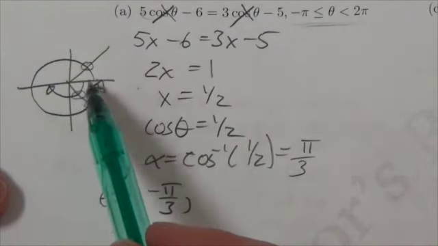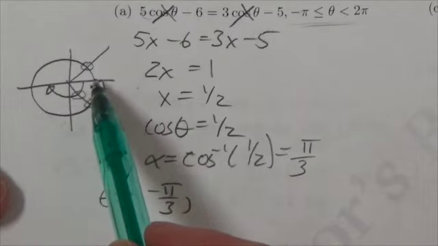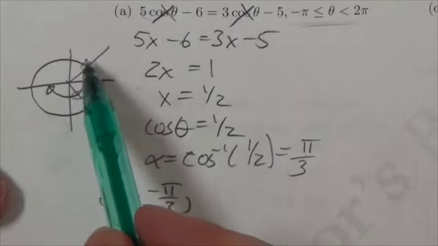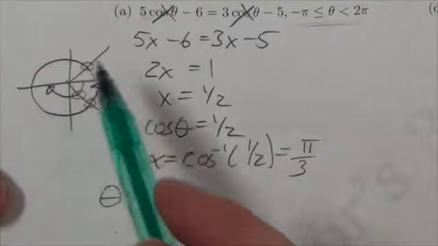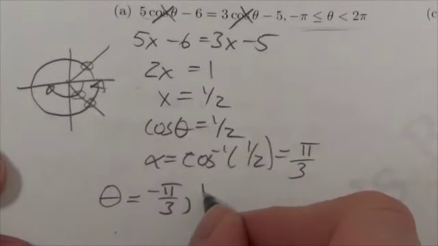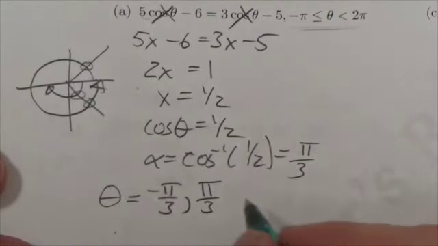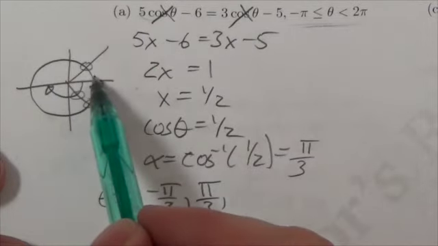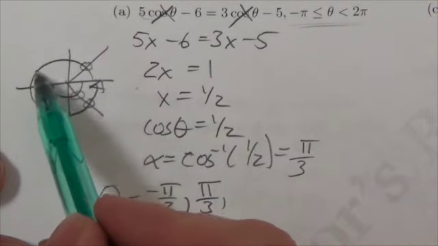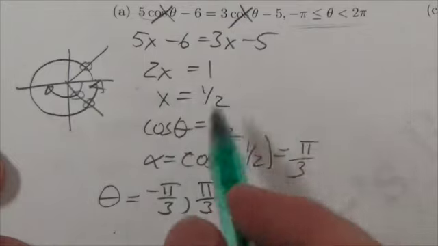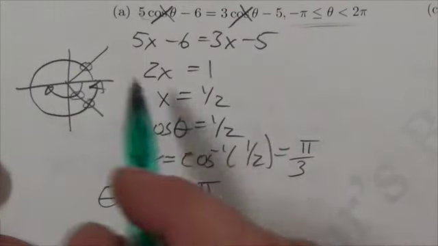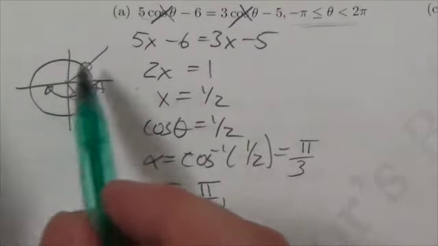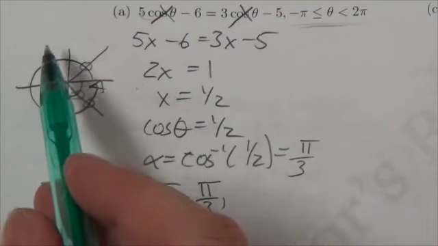Then I move to my positive rotation, starting on the positive x-axis. I'm going to rotate counterclockwise. The first time I hit it is right here in the first quadrant, which is going to correspond to the reference angle, pi over 3. Then I'm going to keep following this, all the way around to the fourth quadrant. Now, pi over 3 is dividing the top half of the circle into thirds.